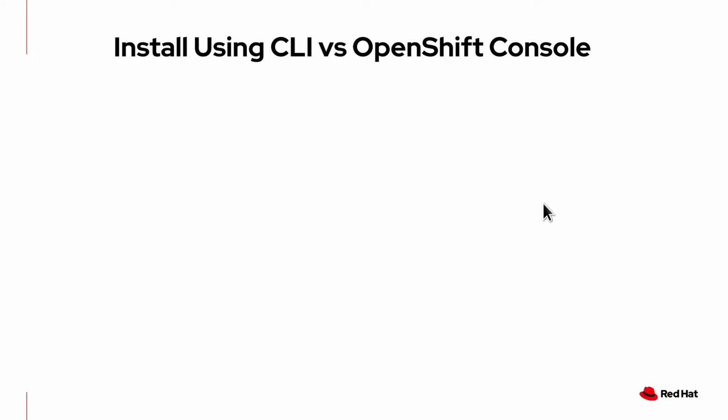Here are the pros and cons of using CLI in comparison to using the OpenShift console. The pros include automated installation, so you don't have to go to the OpenShift console and point and click. All you need to do is run a script to get OpenShift Service Mesh installed, and also run a script to start managing the policies of your Service Mesh.